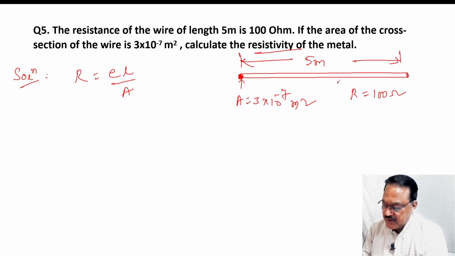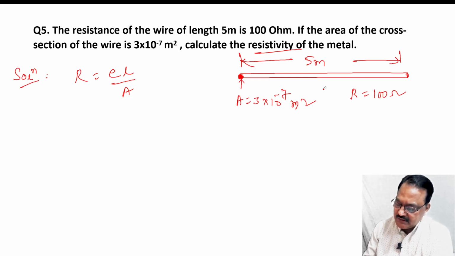L is the length of this wire. A is the cross sectional area of the conductor. R is the resistance value. Okay.